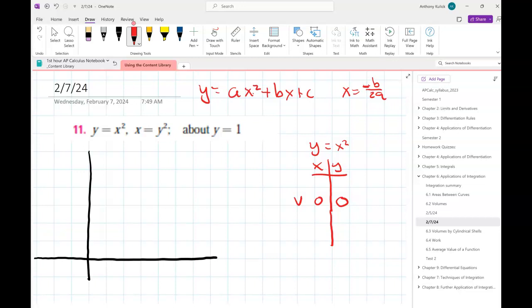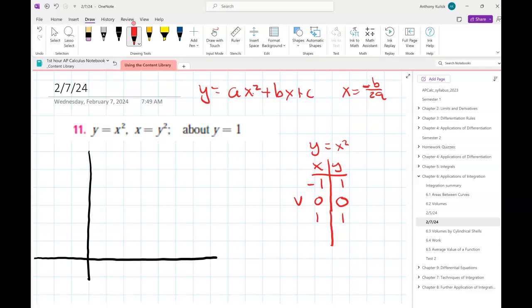Again, would the AP expect you to remember that? Probably, yeah, probably. The good news is that it would likely come in a calculator active section where memorizing that is less important because your calculator can find it for you in the worst case scenario.